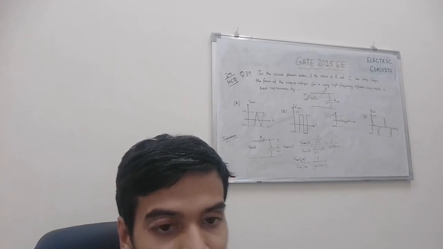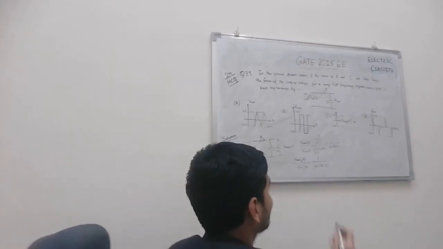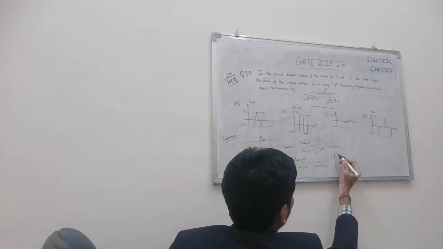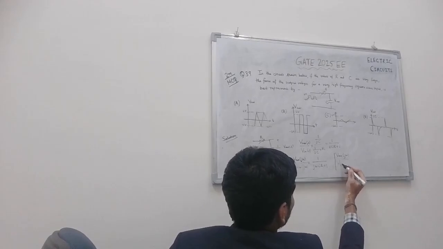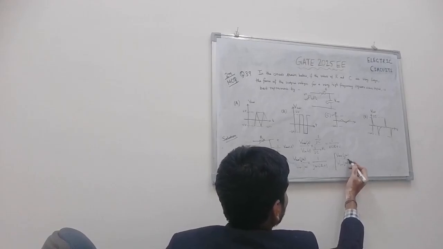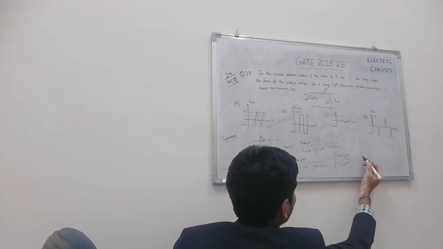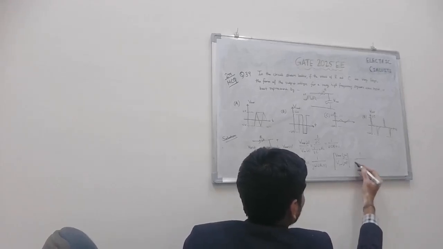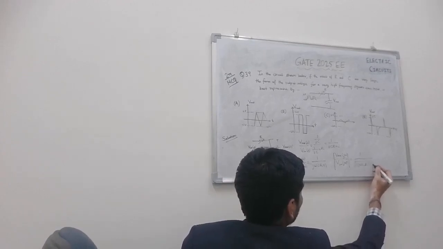Now we will do one thing. The magnitude will be 1 by the square root of (omega RC) whole square plus 1.